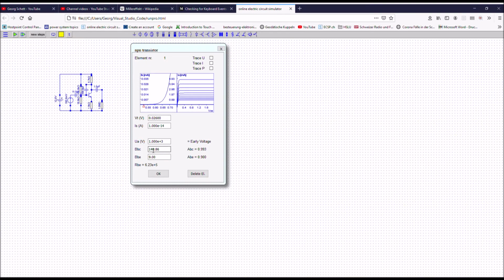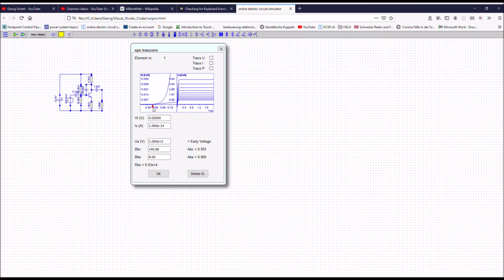For normal operation it's this one which counts. So you see in this case, for example, the input current, the base current times BBC is then the current flowing through the collector.